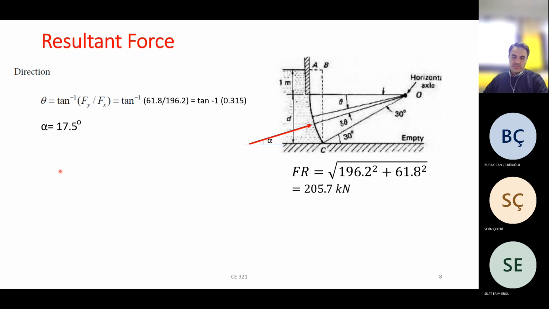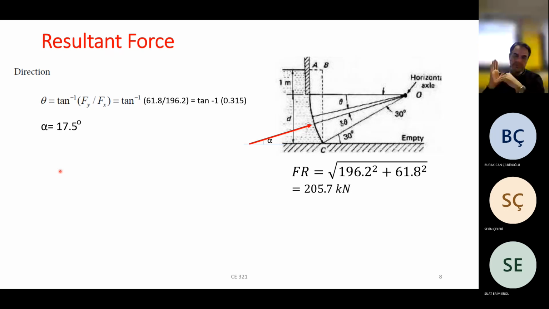If I'm going to summarize it easily, to find the resultant force on curved surfaces, you need to find the vertical and horizontal components of the force first. To find the horizontal component, you should find the projection of the curve on the y-axis.